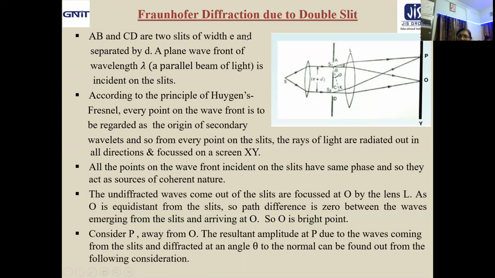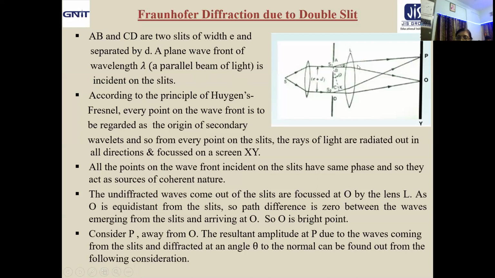But in the case of P, what about the situation? The distance of P from O is different. Naturally, to find the resultant amplitude at P due to the waves coming out of S1 and S2, we have to consider the path difference at P of the waves coming from S1 and S2.